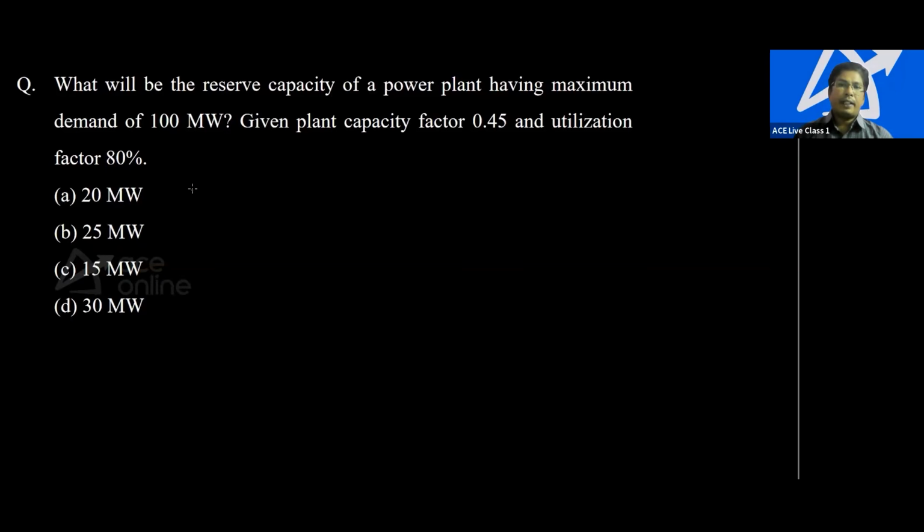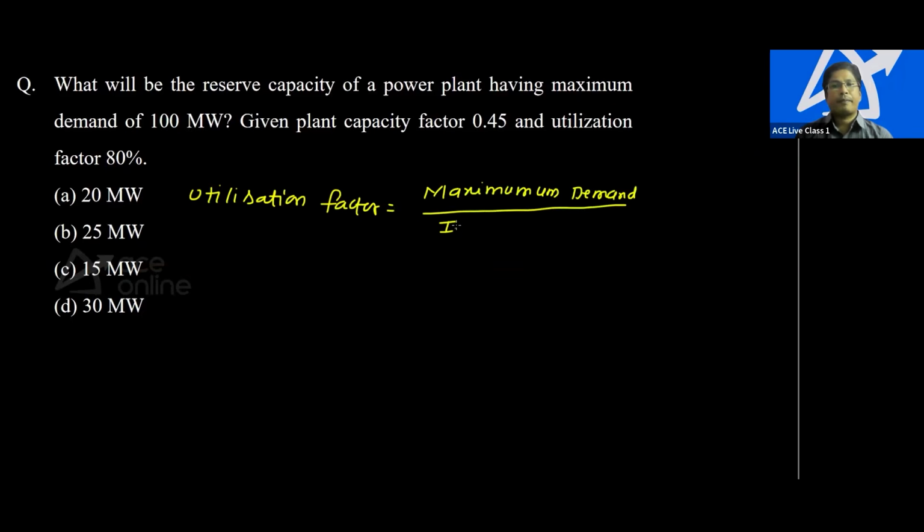What is the utilization factor? Utilization factor is equivalent to maximum demand divided by installed capacity. So 0.8 is equivalent to 100 divided by installed capacity.